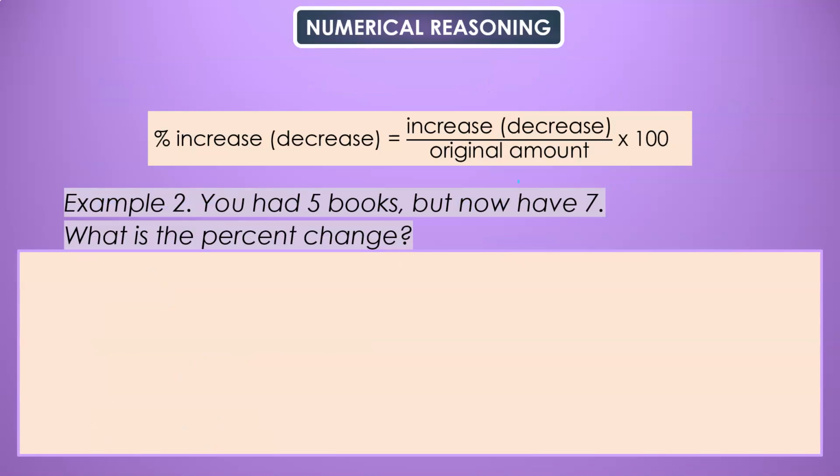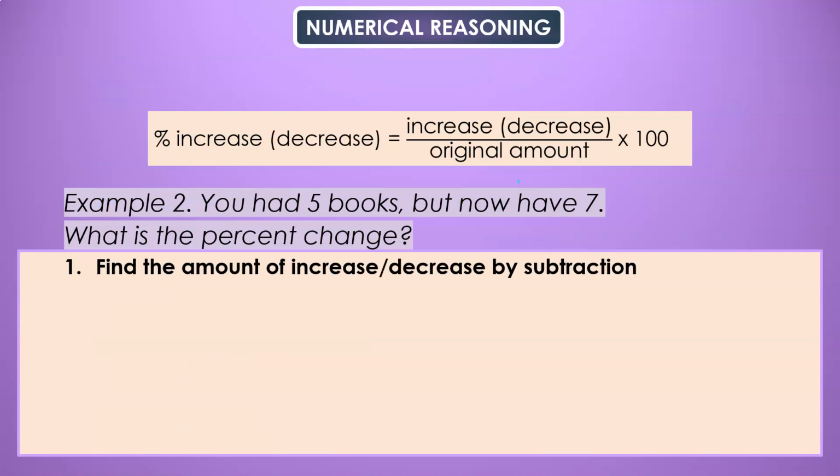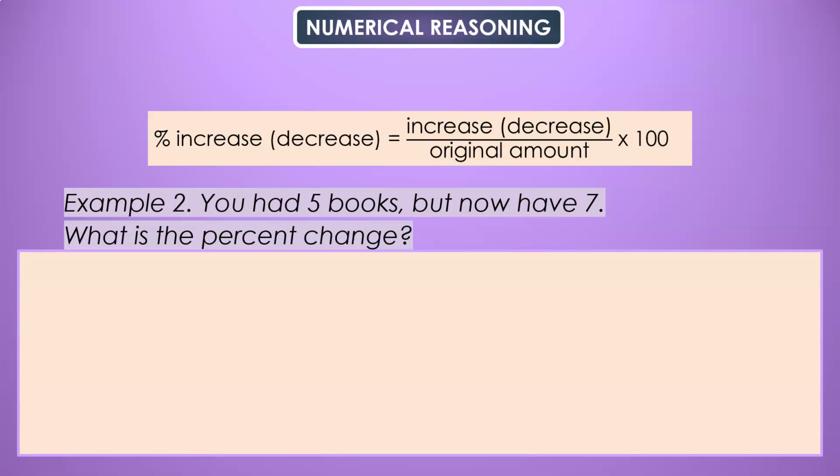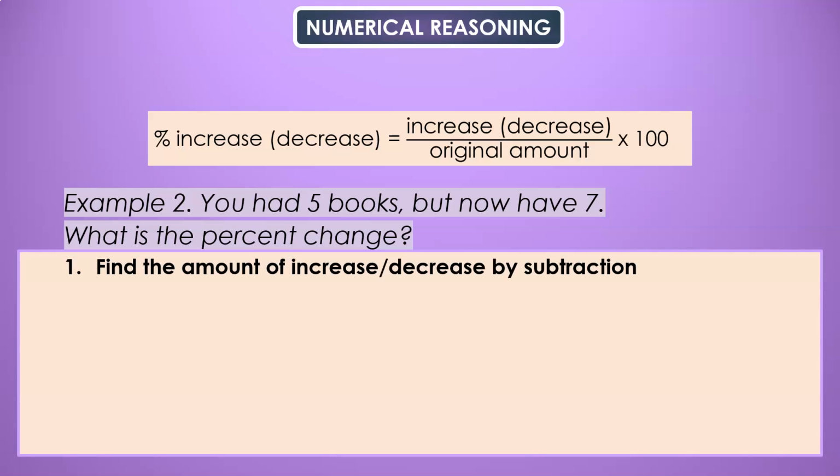Let's have a look at another example. You had 5 books, now you have 7. What is the percentage change? Notice that I've included our calculation up the top here. The first thing is work out the amount of the increase or decrease. In this case, it's an increase because I had 5, I now have 7.